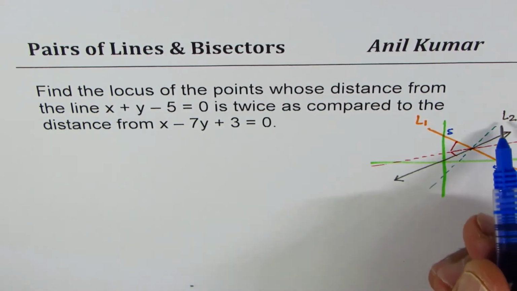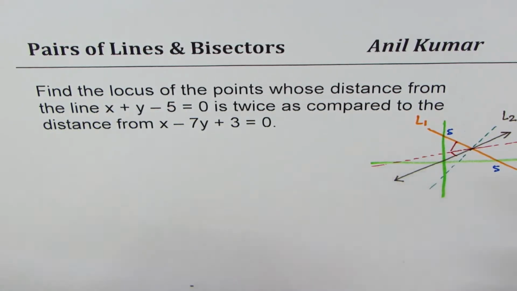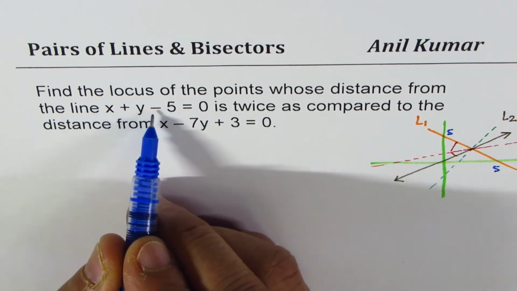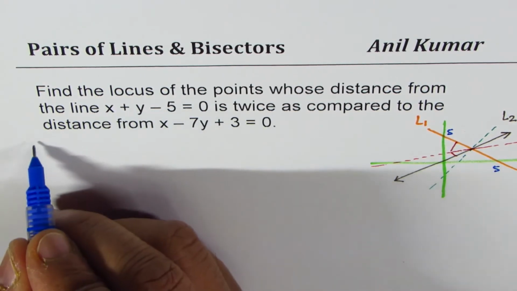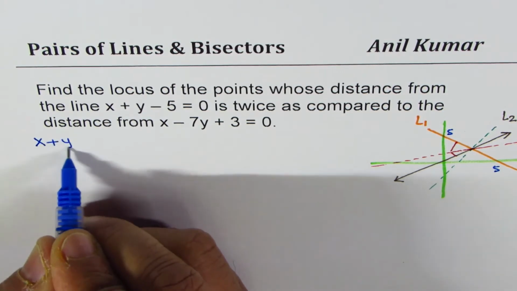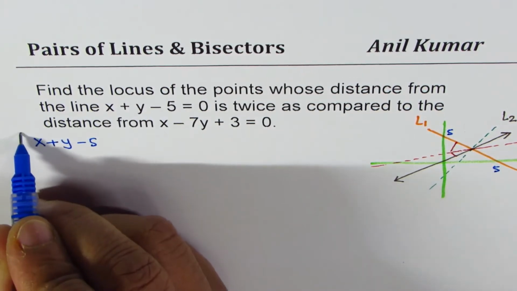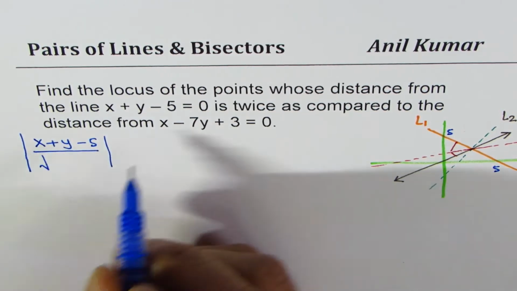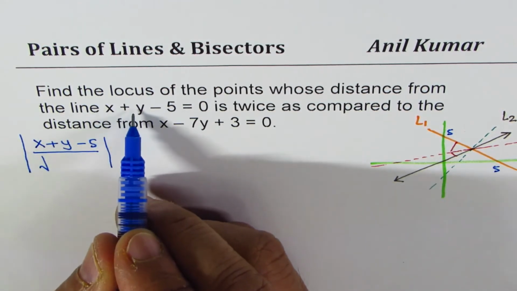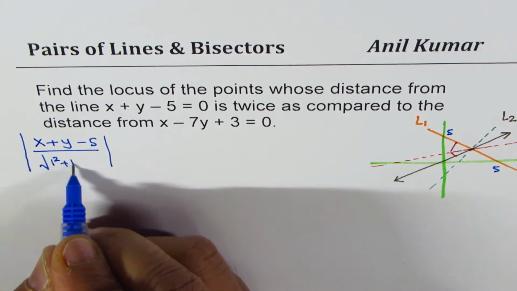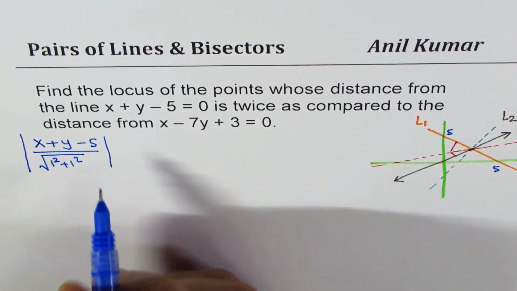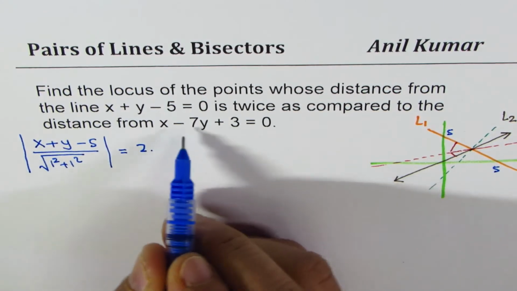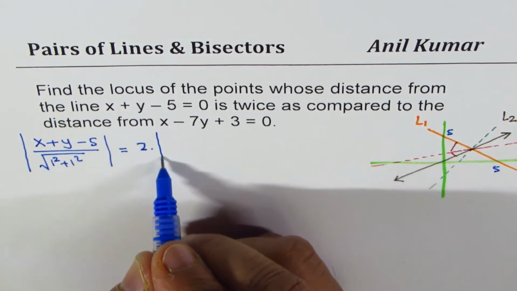So the equations of these two lines we're trying to figure out. The distance from the first line, x plus y minus 5 equals 0, will be the absolute value of x plus y minus 5, divided by the square root of 1 square plus 1 square, since the coefficients of x and y are 1, equals twice the distance from the other line, and the formula is applied straight away.